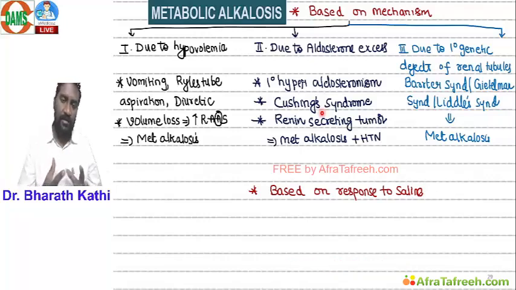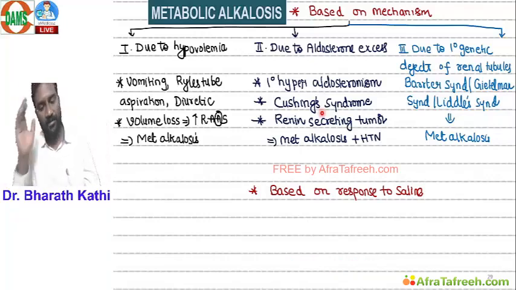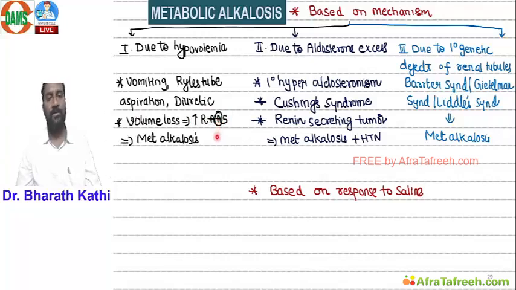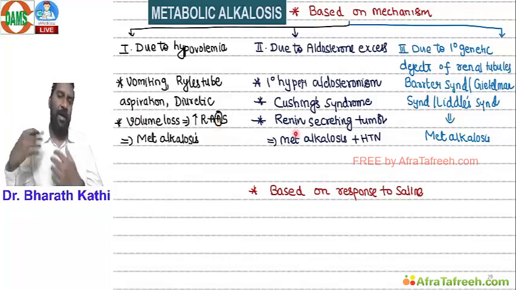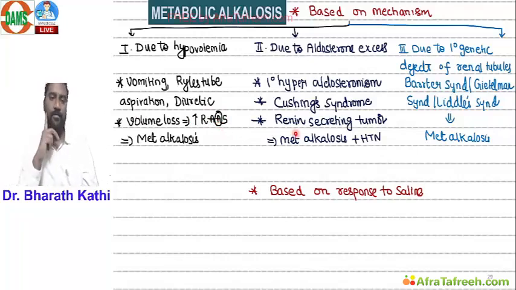That will result in extracellular fluid volume expansion and hypertension. Whereas in category 1, this aldosterone activity is due to volume loss. Once the volume loss is corrected, aldosterone activity automatically gets inhibited. So there will be no excess water reabsorption beyond what is required for the body. So the blood pressure will be near normal. But here there is excess sodium and water reabsorption resulting in hypertension.